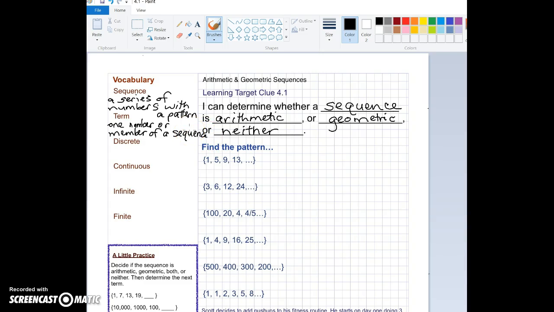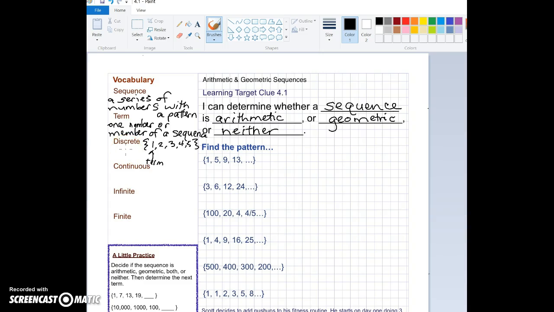So if you have a sequence that looks like this, 1, 2, 3, 4, 5, each one of these is a term. Okay? And 1 is the first term, 2 is the second term, 3 is the third term, 4 is the fourth term. Okay, and then we have discrete and continuous.